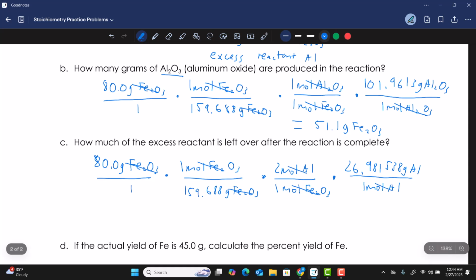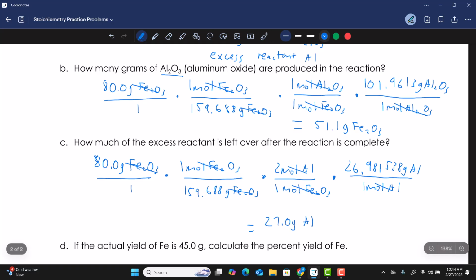The moles of aluminum cancel, and we get, when we put all this into our calculator, 27.0 grams of aluminum.